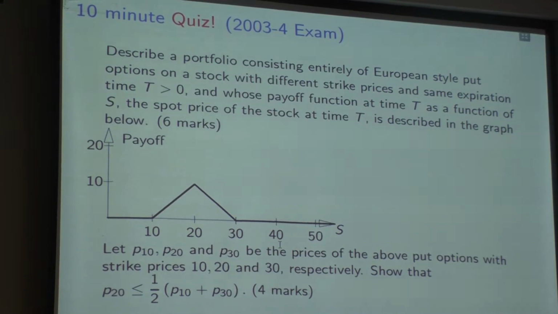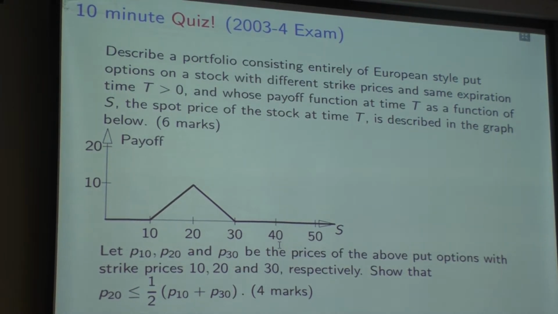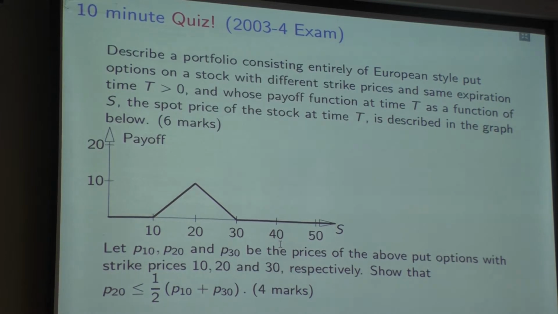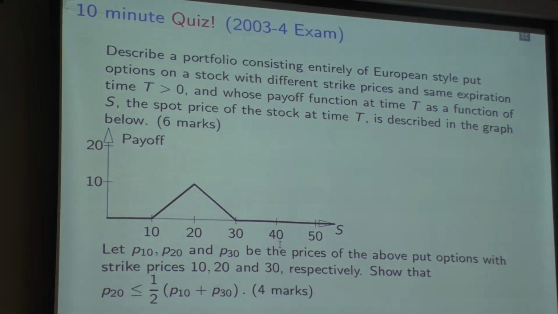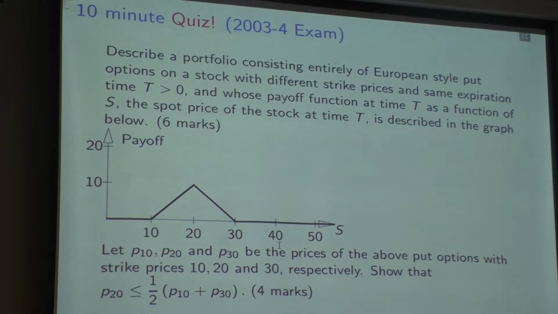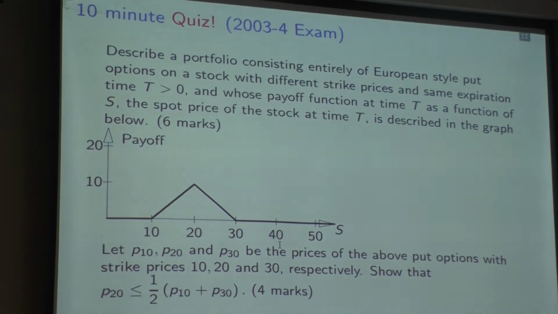That function is not negative, right? Okay. What does it mean for the function to be not negative? I have this portfolio, I arrive to expiration time, and then what's going to happen to me? I'm going to get a non-negative payoff.